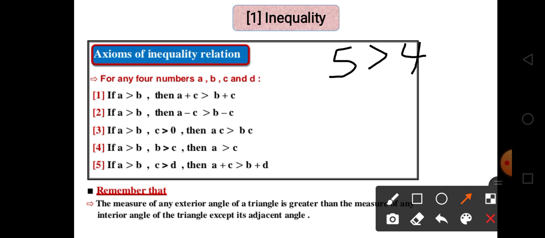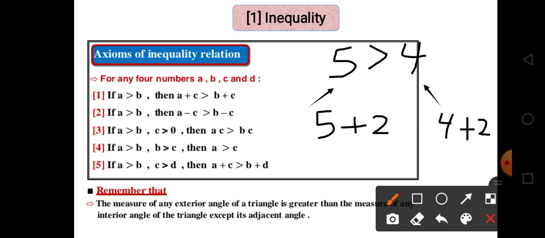If you add number 2 here and number 2 here, so 5 plus 2 and here 4 plus 2. 5 plus 2 equal 7, 4 plus 2 equal 6, 7 greater than 6. So A greater than B will deduce that A plus C greater than B plus C.